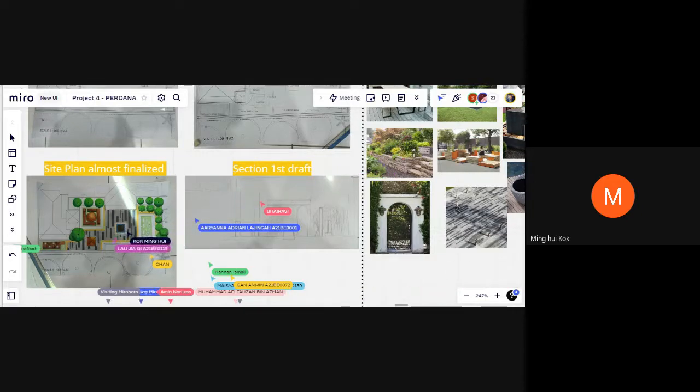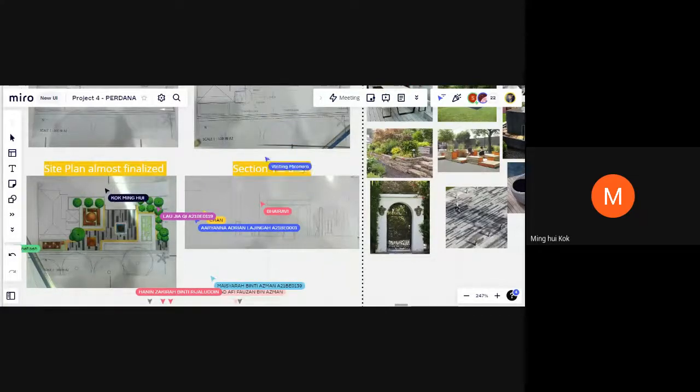And the area that was not checked last time by Jetin and the madam is here, the outside of the side here. I decided to put a library. I put the library room because I think it is useful and it can protect the books during rainy days.